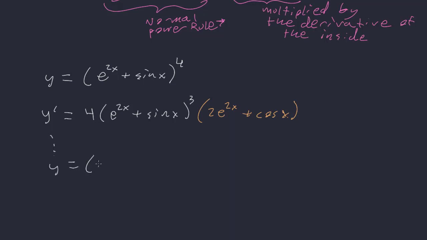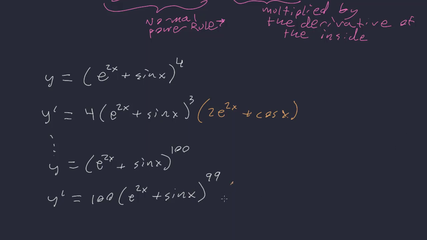If y was this thing, let's say to the 100, y prime, going through the product rule 100 times, we'd get 100(e^(2x) plus sine x) raised to the 99 times 2e^(2x) plus cosine x.